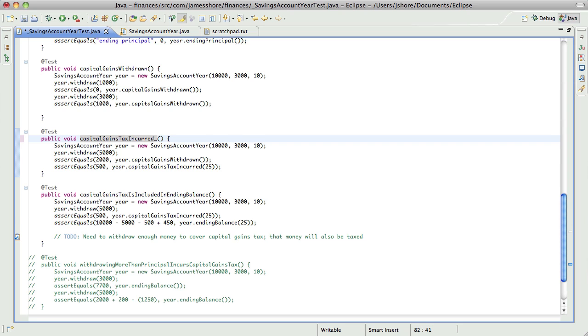So capital gains tax incurred needs to cover capital gains withdrawn, and also the additional capital gains withdrawn to pay capital gains tax.